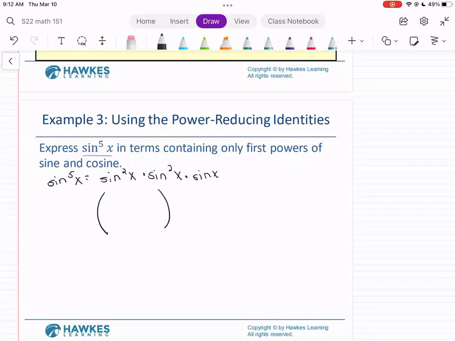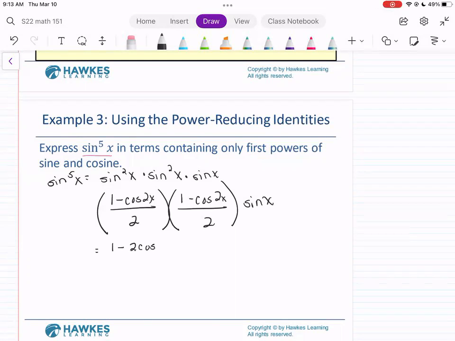And now we can rewrite these sine squareds as (1 minus the cosine of 2x) over 2 times (1 minus the cosine of 2x) over 2, using these power reducing identities that we just discussed. When I multiply these out, I now get (1 minus 2 cosine of 2x plus cosine squared of 2x) over 4 times the sine of x.